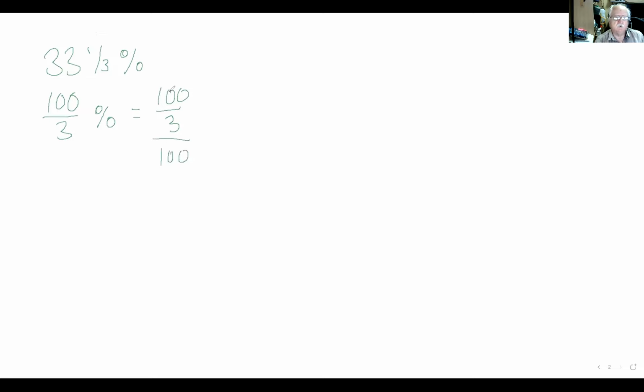100. But we want to invert and multiply. So I'm going to put this 100 over 1, just so when we flip it, everything will be in the right place. So now we have 100 over 3 times, and we invert, this becomes 1 over 100. And so 100 times 1 is 100. 3 times 100 is 300.